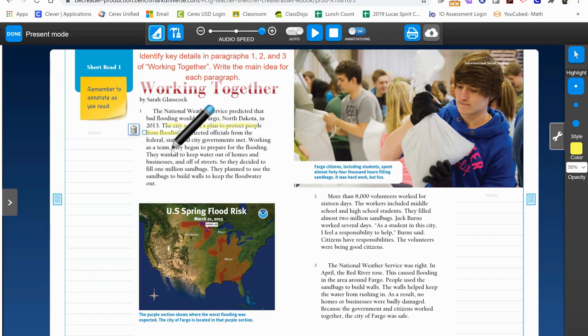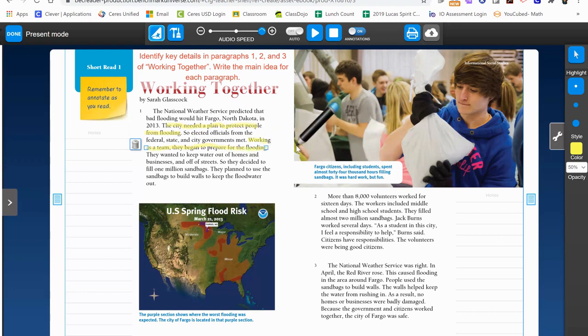Working as a team, they began to prepare for the flooding. Okay, so I read that different officials met and began working as a team. This relates directly to the title of the text, correct? Working as a team is the same thing as working together. So I'm going to go ahead and underline that. Working as a team, they began to prepare for the flooding.